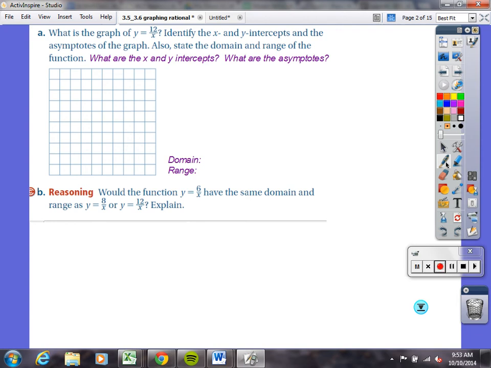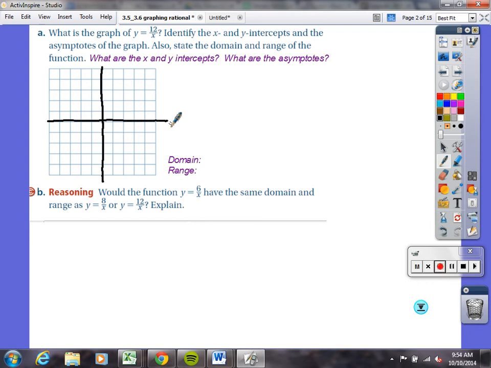Okay, let's go do this one. I'm going to draw my axes here really quick. It says, what is the graph y equals 12 over x? What number can X not be?